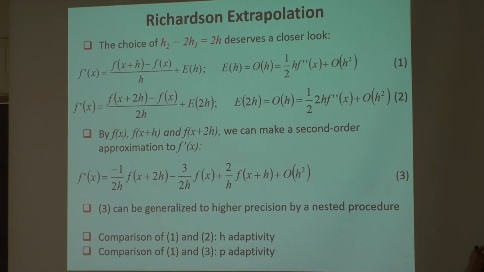If I compare 1 and 3, then I have an idea about how linear my function is. I use a linear approximation, or I use a quadratic function to approximate the function. The difference is something I can know. I know how good my approximation is without knowing the ground truth.